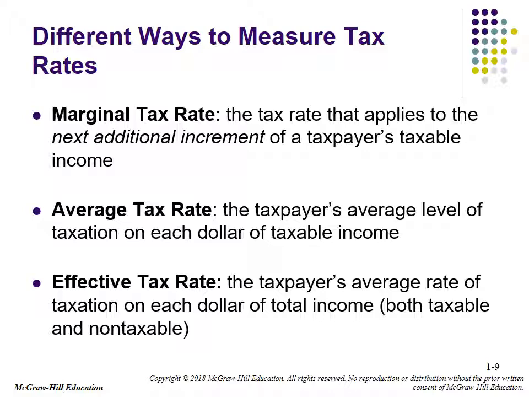And then the effective tax rate is the tax they pay divided by all of their income, whether it's taxed or not. I encourage you to really look at the examples on pages 1.5, 1.6, 1.7, through 1.8, to feel comfortable with what these different types of tax rates measure.